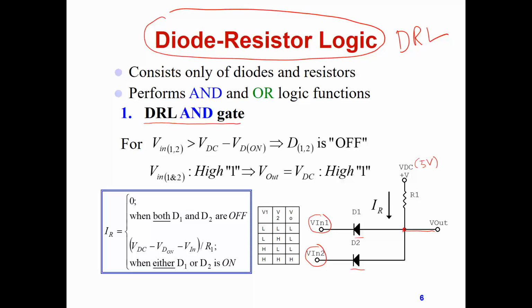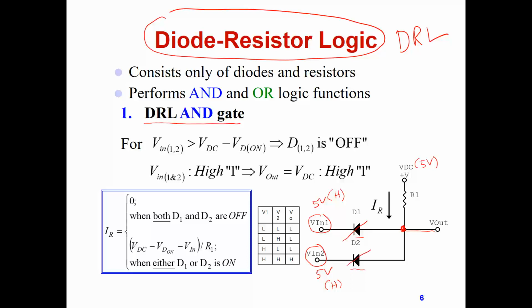Well, how does this act as an AND gate? Let's assume, for example, we have 5 volts here and 5 volts here, and we refer to the 5 volts as a high voltage. If you do such, here we cannot establish at this point more than 5 volts. Obviously, we are not establishing the 0.7 across the diode, so the diode will be in an off state.